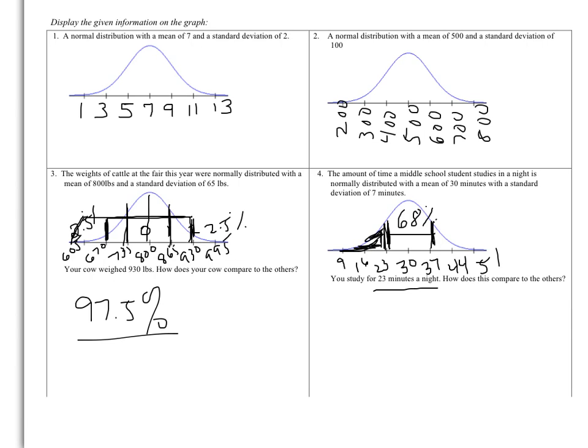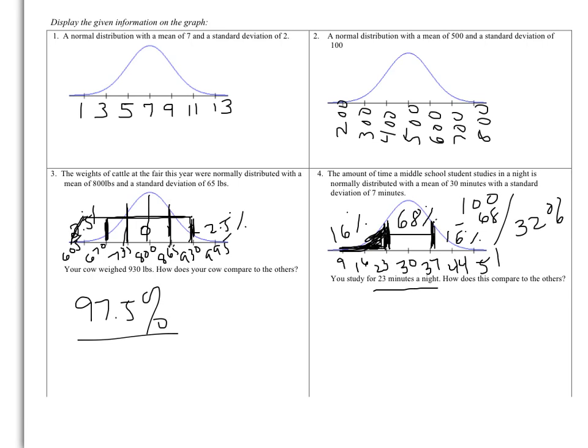You study more than this percent of the people, or less than all of the people above you, right? The whole curve is 100% of the data. So if you subtract 68 from 100, you get 32%. You need to split that 32%, so that is 16% on this half and 16% on that half.